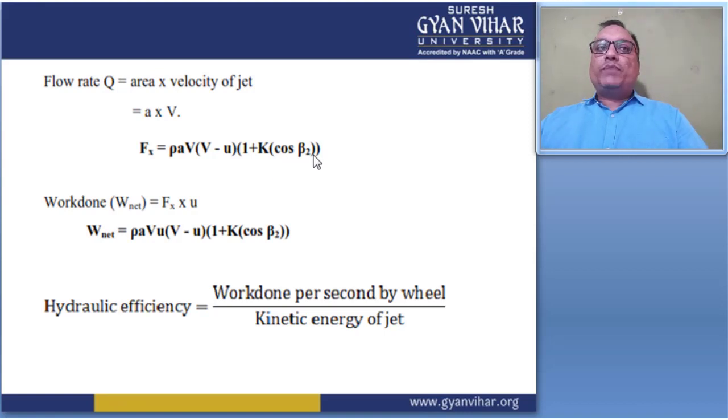Next, the total work done is Fx into U, so W net equals rho A V U (V minus U)(1 plus K cos beta2).